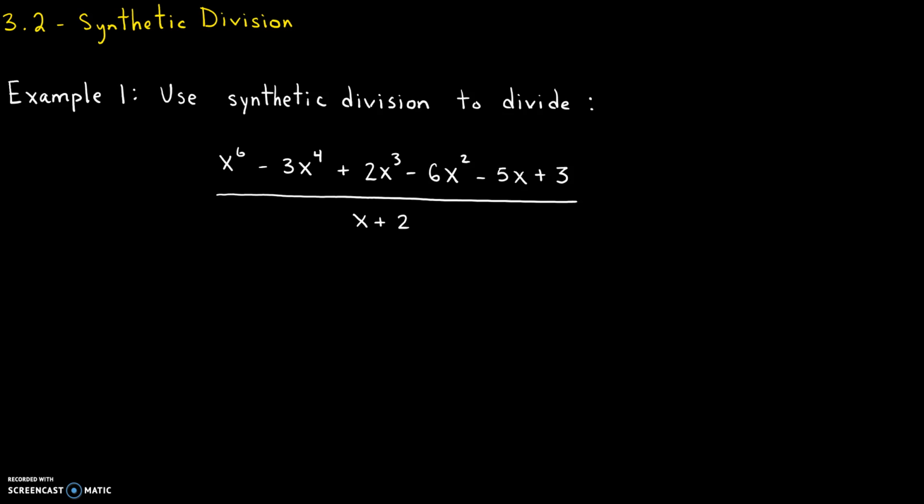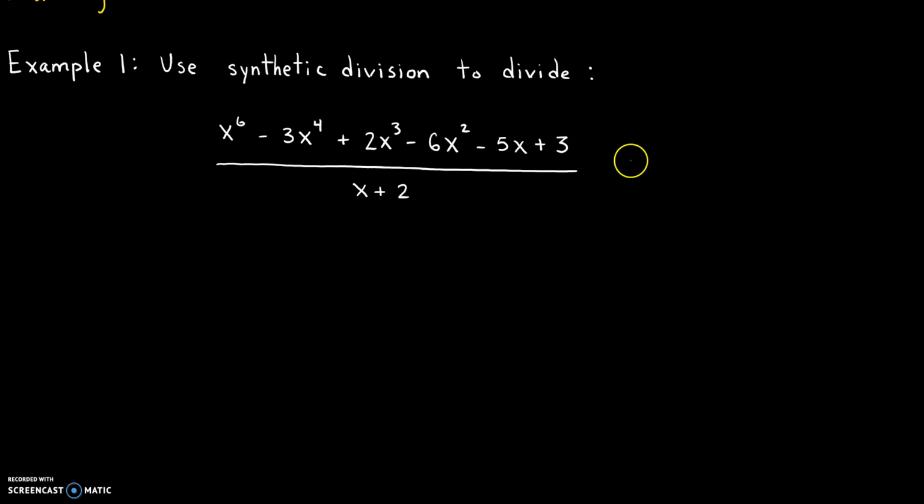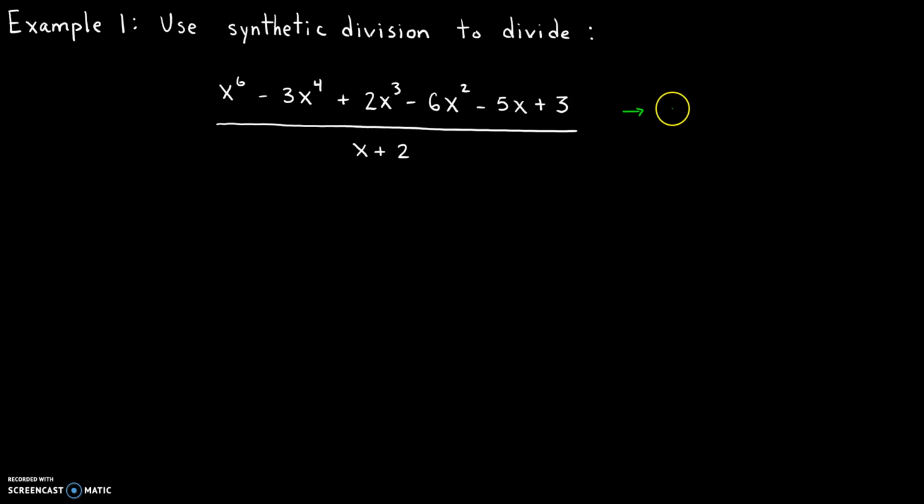So we're asked to divide this polynomial here. We have x to the 6th minus 3x to the 4th plus 2x cubed, and minus all this other junk here. And we want to divide this by x plus 2. A few things I'm going to point out: all this stuff in the numerator, we call our dividend.